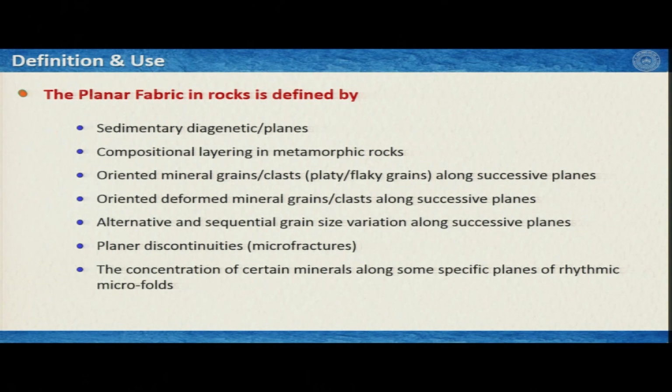Now, if we have alternating and sequential grain size variation along successive planes, that means coarse grain deposition, then fine grain deposition, coarse grain, fine grain, with the same composition, you can consider sandstone. So, you can consider the boundaries between coarse grain and fine grain as foliation planes.